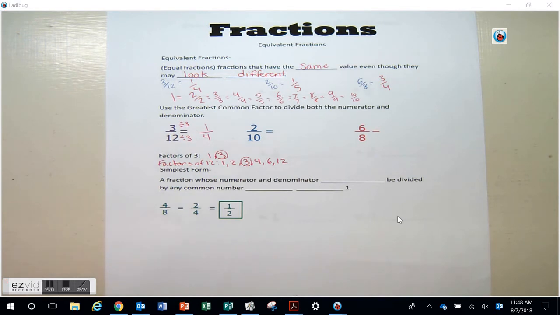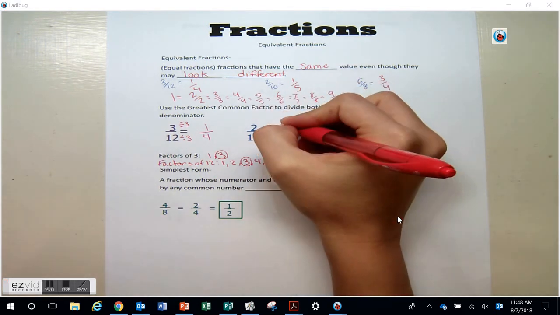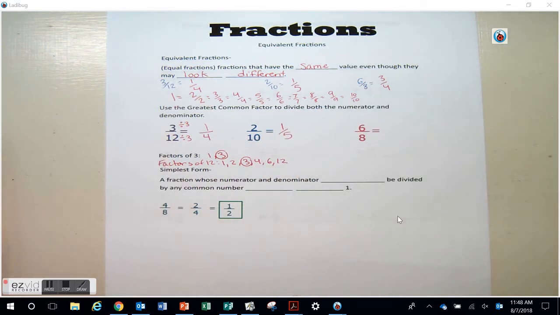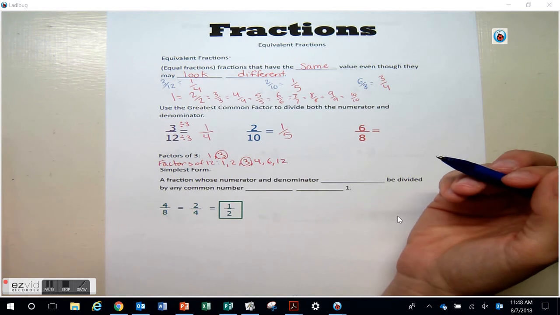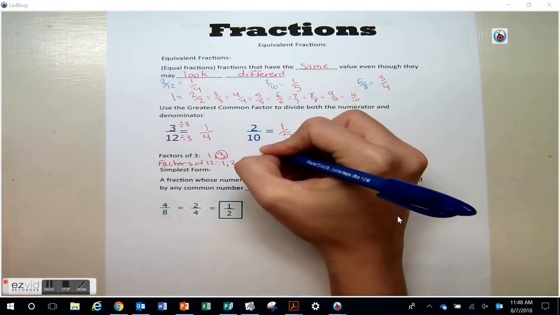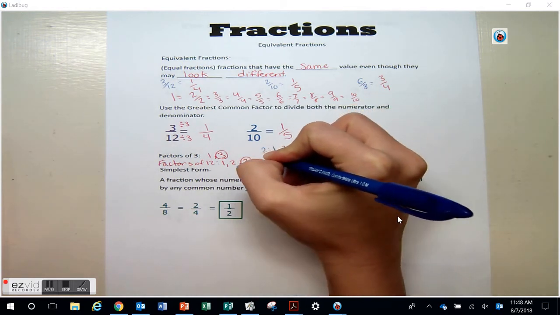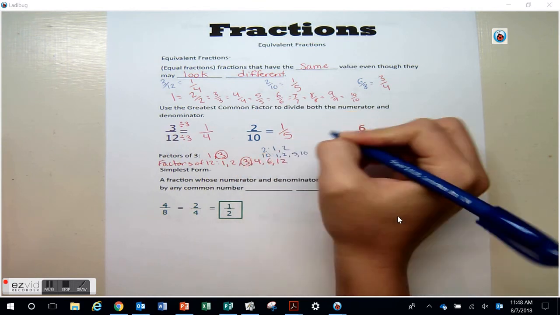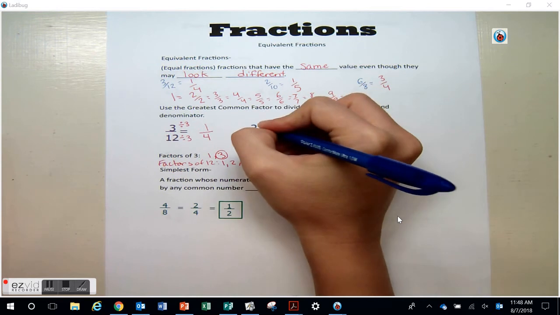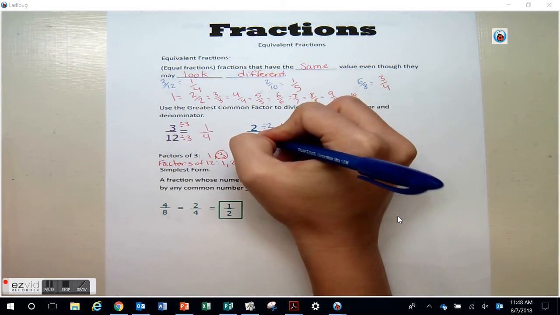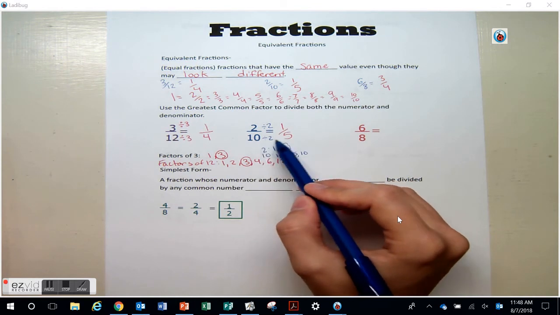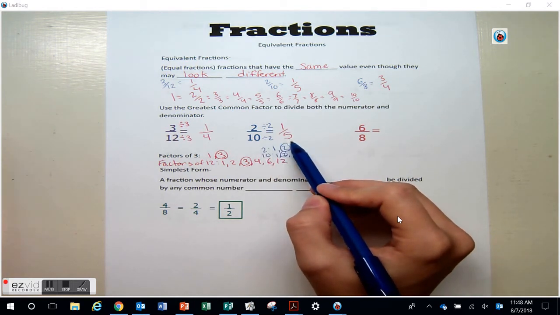Can I apply the same idea to 2/10 equaling 1/5? Yes, I can. The factors of 2 are 1 and 2. The factors of 10 are 1, 2, 5, and 10. So I can divide the top and bottom by 2. 2 divided by 2 is 1. 10 divided by 2 is 5.